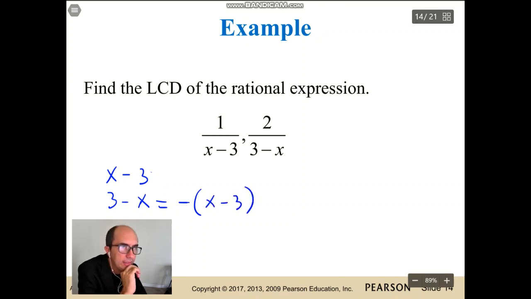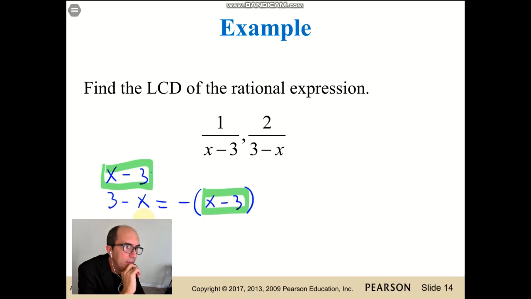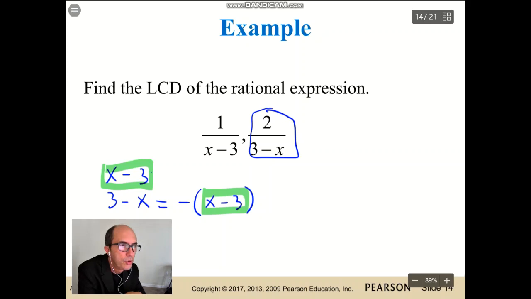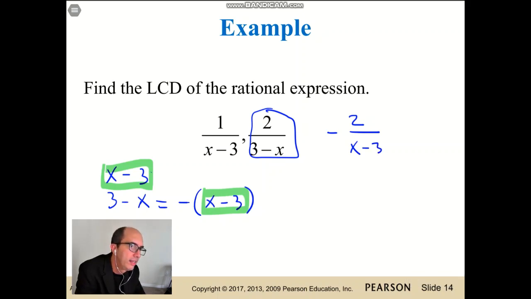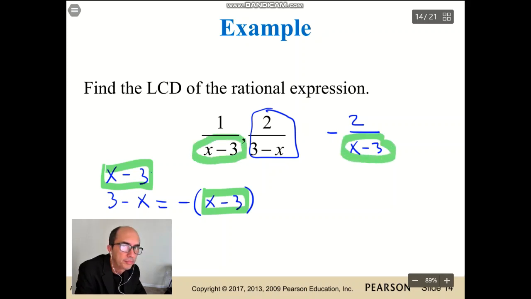And check it out, this is the same, right? Actually, they have the same denominator, but this second one is a negative rational expression. You can rewrite as negative 2 over x minus 3. Okay, and then you're gonna see they will have the same denominator.